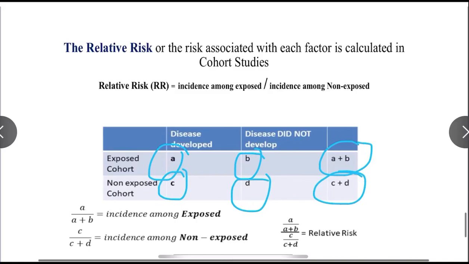Then what we do: incidence among exposed, A upon A plus B, and incidence among non-exposed, C upon C plus D. Then A upon A plus B, divided by C upon C plus D. So that is the relative risk.